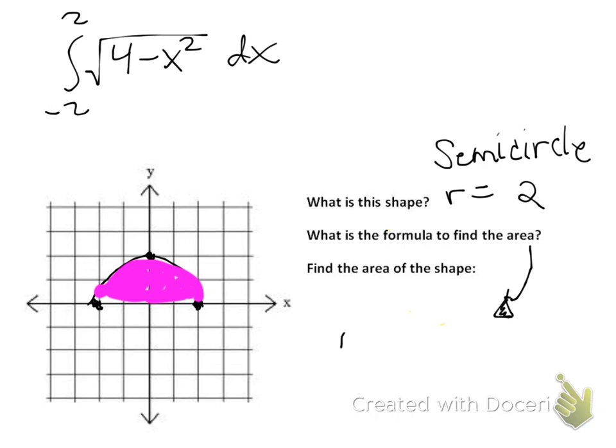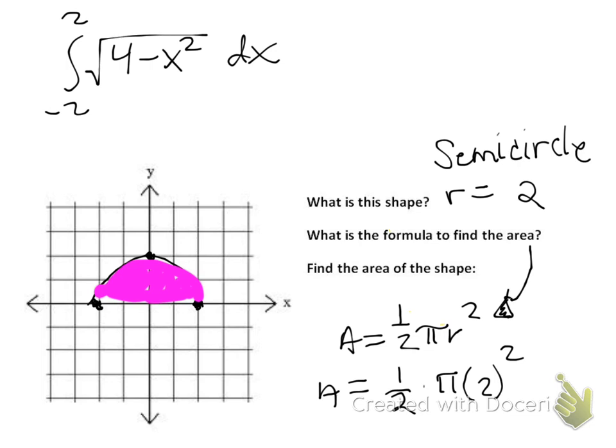The area of a circle is pi r squared. So the area of a semicircle is going to be 1/2 pi r squared. And then what is the specific area of this particular shape? It's going to be 1/2 times pi times 2 squared, which is 4. So our answer is going to be 2 pi. And that concludes the first lesson of area under the curve.